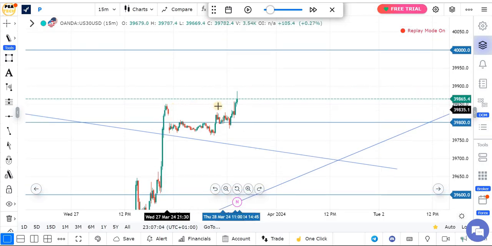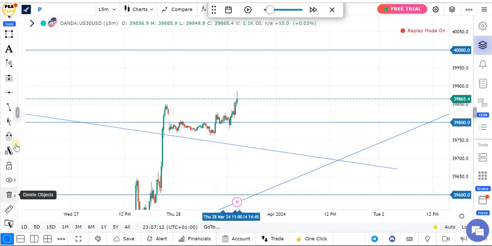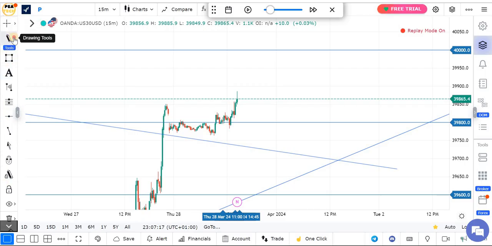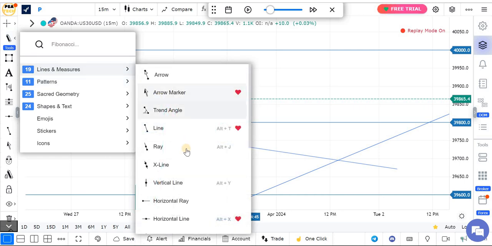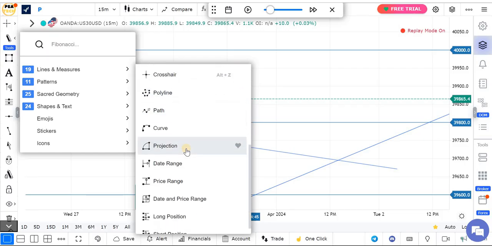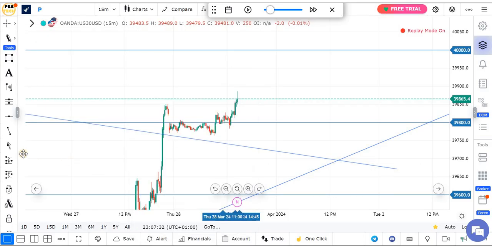And remember, if you are taking a buy from here, let's say we are going long here.